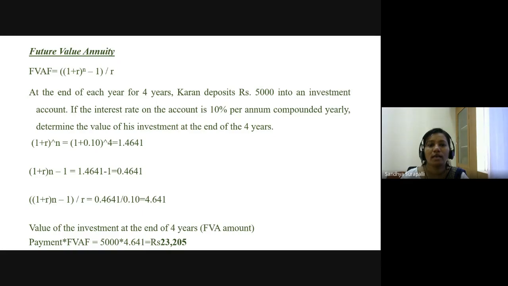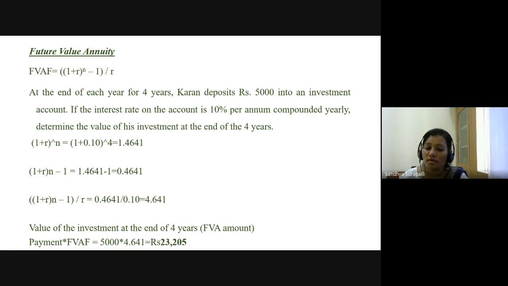So first we will calculate the future value of annuity. This is the formula. Future value of annuity is equal to 1 plus r to the power n minus 1 divided by r. Now FVAF means future value annuity factor. Like I told, 1 plus r to the power n was for a single amount.